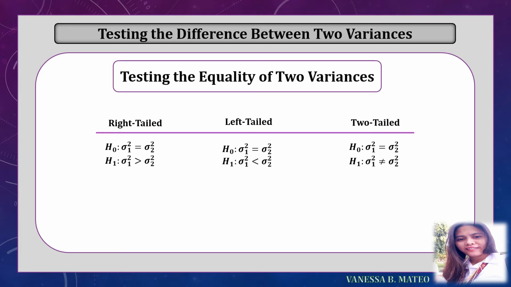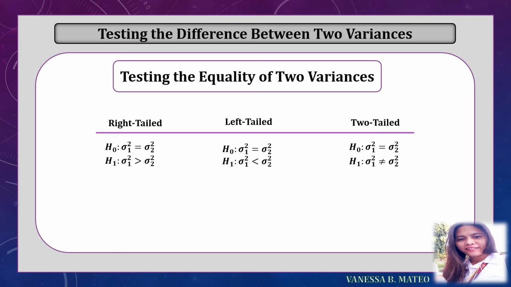When you're testing the equality of two variances, these hypotheses are used. For right-tailed, the null hypothesis will be the population variance 1 is equal to population variance 2, and the alternative hypothesis will be population variance 1 is greater than the population variance 2.